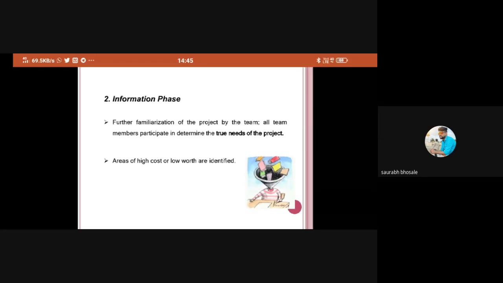What are the different locations? The design department is one location, then the quality department, then the production department, then the purchase department, then the sales department. So these are the different locations in the industry, and we need to find the data related to that product at different locations. So locating data is the first step in the information phase.